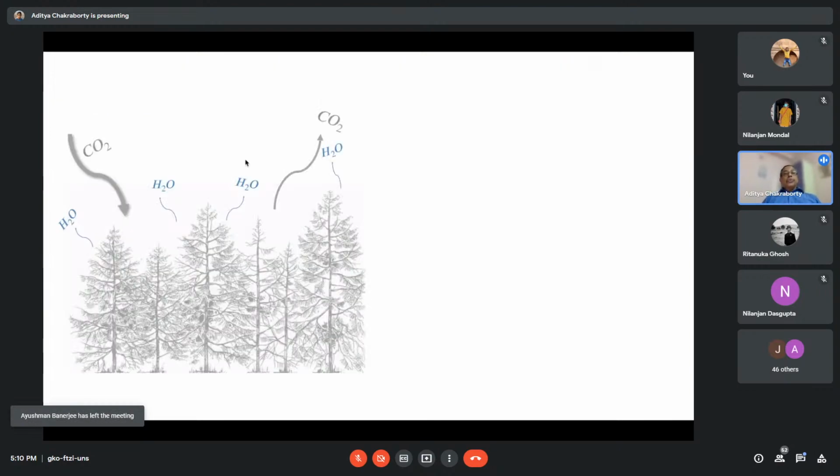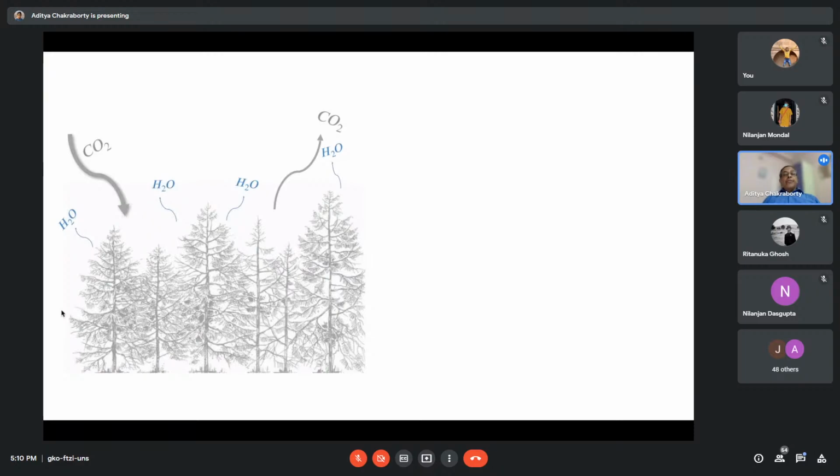Now, what you see here is a schematic diagram of a forest, and we know that the forest absorbs a lot of carbon dioxide, and this absorption is shown here by these dark arrows. So a huge amount of carbon dioxide is absorbed by the forest, but at the same time it also releases a substantial amount of carbon dioxide through the process of respiration.